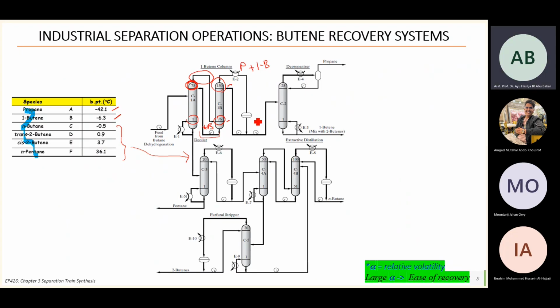Once it goes to here, it will enter the third separation unit, where it will clearly separate propane and 1-butene.